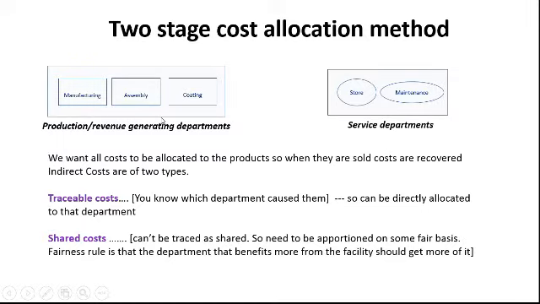The fair basis is the benefit from that cost: how much of that benefit was derived by this department, and how much by that one. In the same proportion in which the benefit was derived, you also apportion the total cost into its segments. So that is the first stage, where you distribute the costs along all 5 departments.